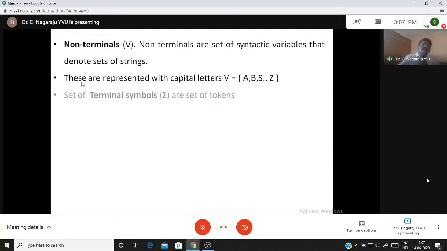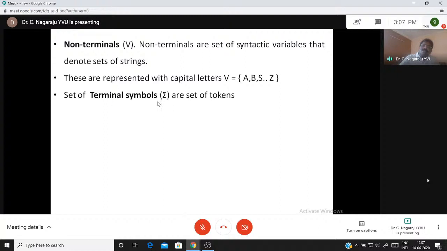These are represented with capital letters in the context-free grammar, because you have to differentiate between the terminals and the non-terminals.